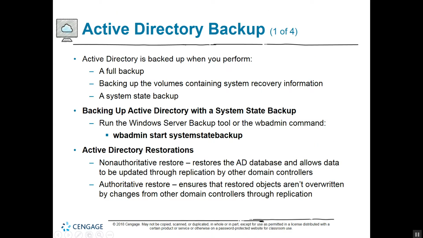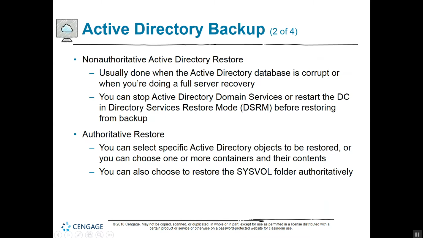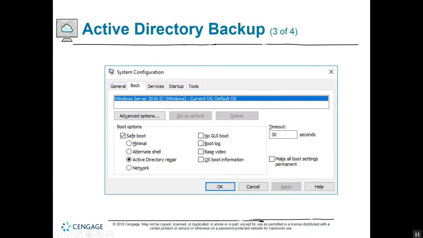So if we're going to back up Active Directory, we've got WBAdmin start systemstatebackup. We've got Active Directory restorations. Do the same thing in Command Shell. And we just go pick how we're going to do it, what it is we want to repair. Here we're doing an Active Directory repair with safe boot.